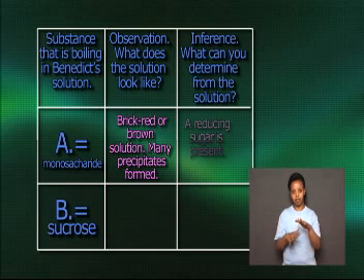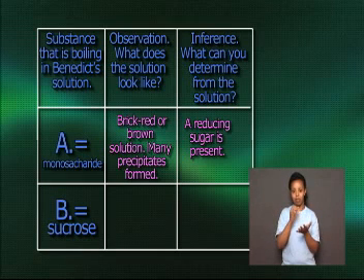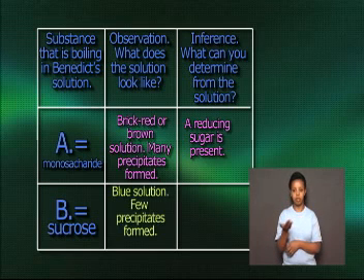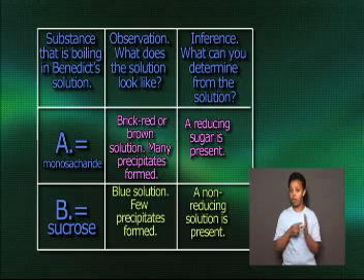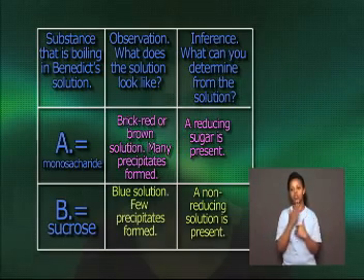This means that the solution contains a reducing sugar. The solution of substance B should be blue in color and have few precipitates. This means that the solution contains no reducing sugar.